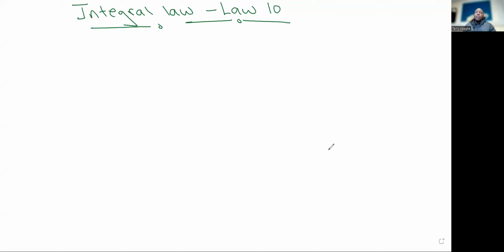Integration principles have already been discussed in other previous videos. The integral law is basically about how to integrate exponential functions. We're not going to cover it in detail here because I already have a video playlist on that. Just go to the playlist, search for integration, and watch how to integrate. I'm just going to state the formula, but please refer to the integration video series for explanation and more.